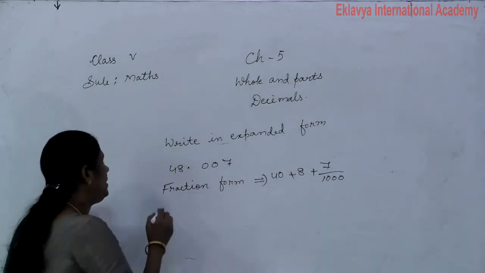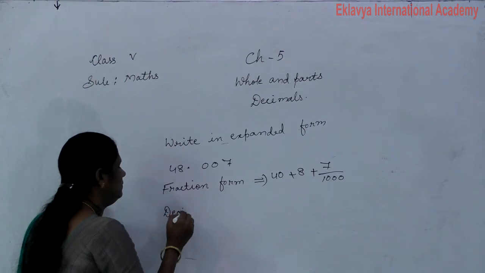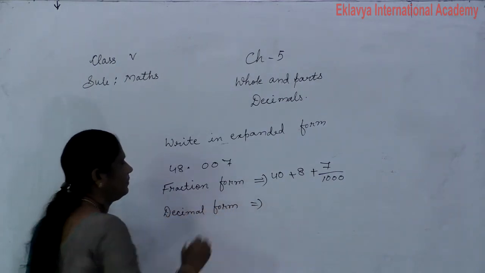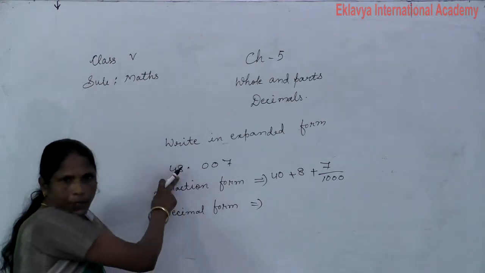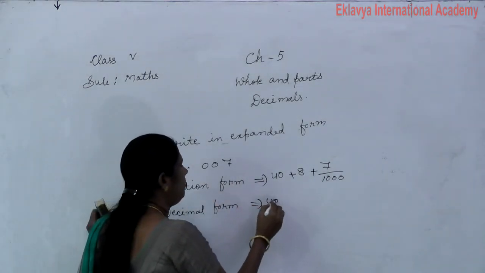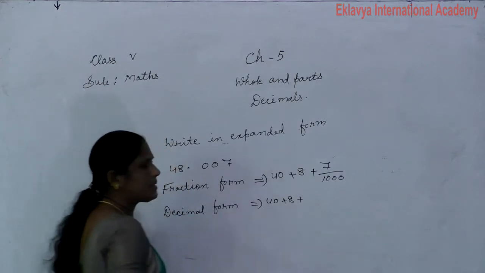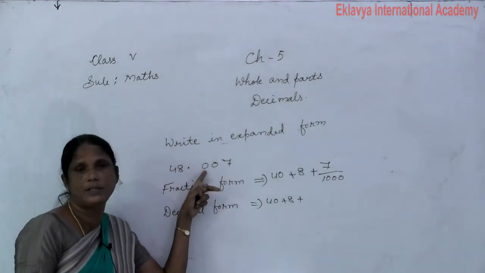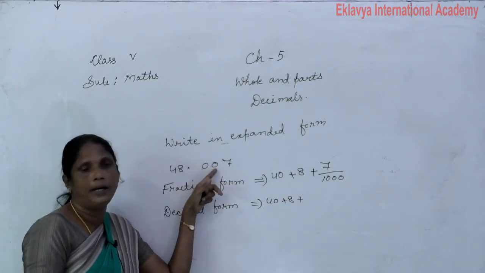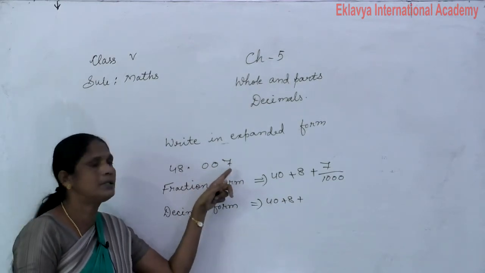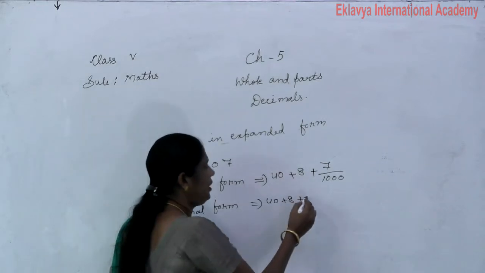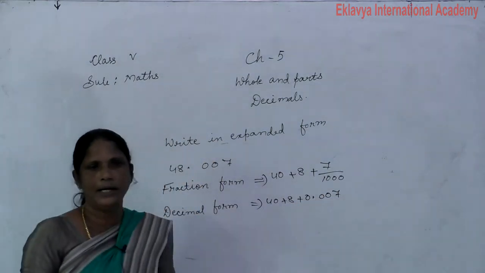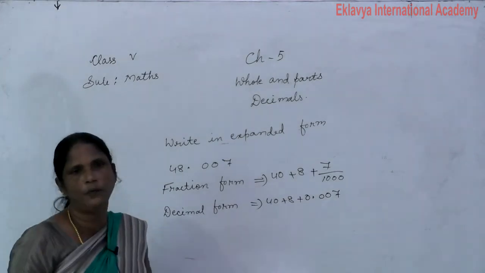Understand? Now decimal form. The whole number part is the same, 40 plus 8 plus. Now the decimal part: the 10th place is 0, the 100th place is also 0, then the 1000th place is 0.007. Understand, this is the expanded form.